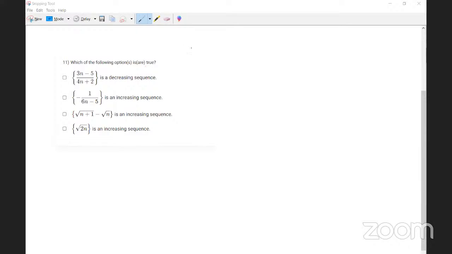Just take the limit as n tends to infinity. If we take the limit as n tends to infinity for this particular function, that is the first option, now tell me what I will get here.